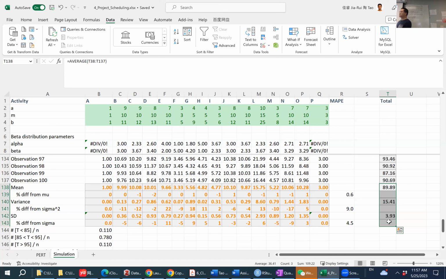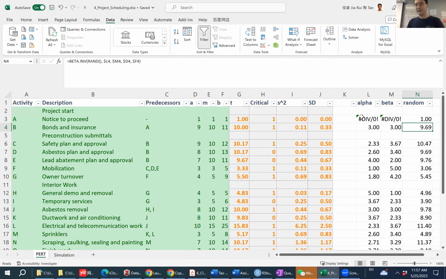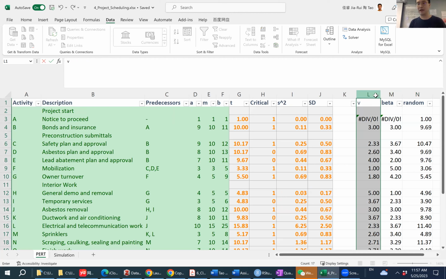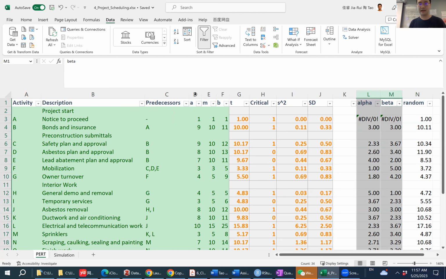However, there are other error sources. I generated all the random numbers out of these supplied parameters, alpha, beta, A, and B. There might be errors when we supply these parameters. They may not be accurate. So this is another source of errors. If you want to create the best simulation, you want to control two sources of errors.